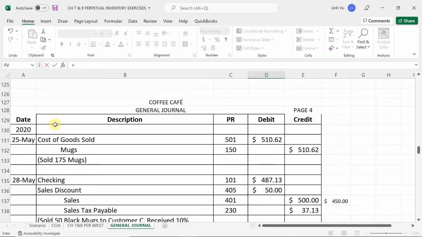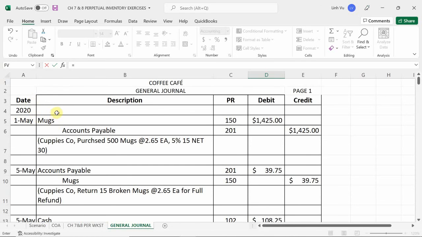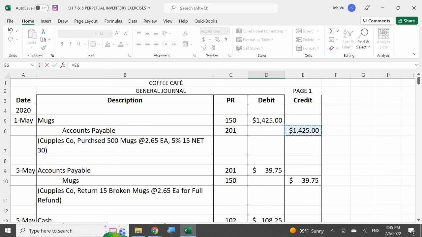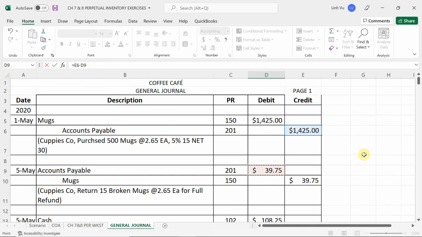Okay? So let's see, May 1st. We originally owed a grand total of $14.25. Okay? But because we end up refunding our product here, we end up getting $39.75 back. Right?